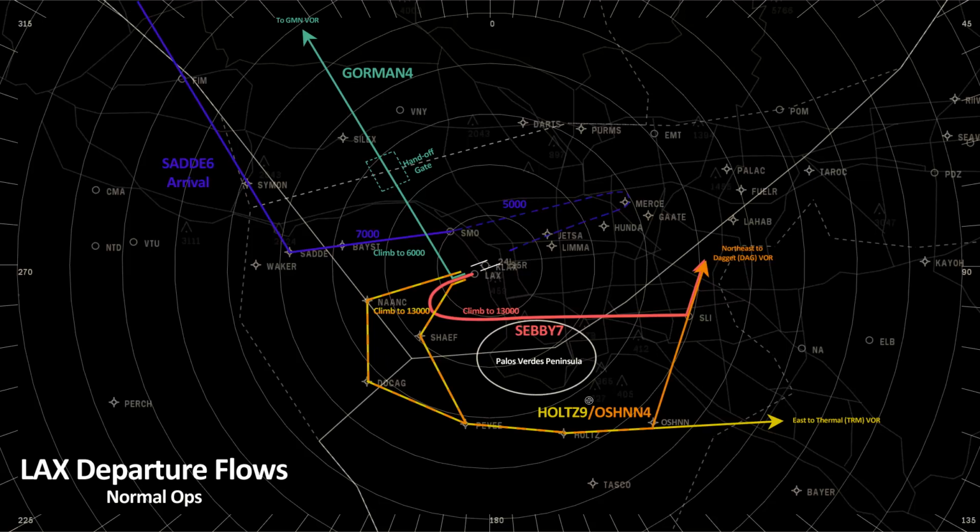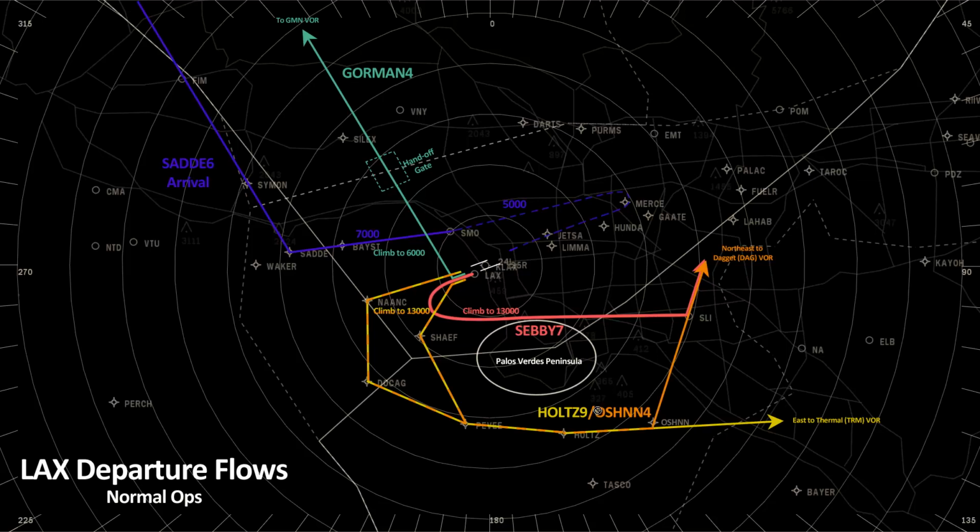And in real life, there is a constraint. The controllers cannot take traffic over the Palos Verdes Peninsula below 10,000 feet. So fair question is why? And the answer is there's a lot of money in homes centered on the Palos Verdes Peninsula.